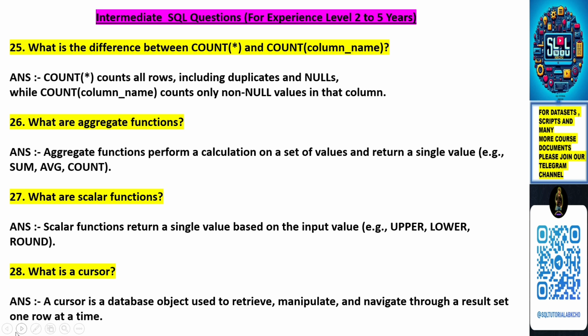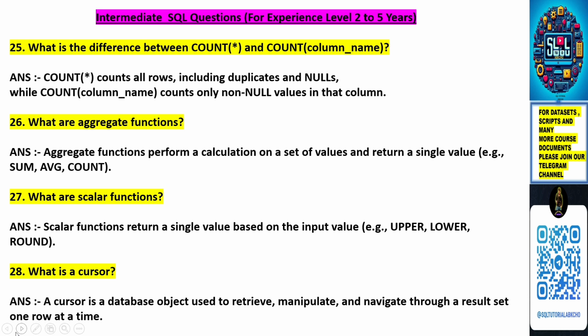Okay. Now 28th question. What is a cursor? This is also a very important question, and nowadays in 2025 people generally ask about cursors. Mostly the questions are coming on cursors. What is a cursor? A cursor is a database object used to retrieve, manipulate and navigate through a result set one row at a time.